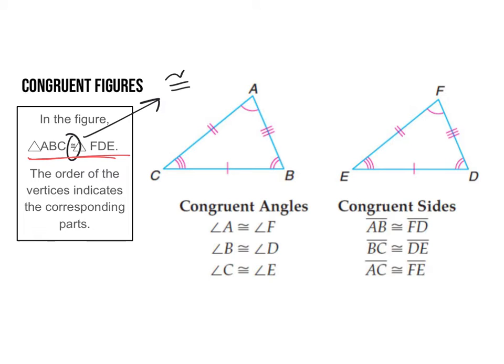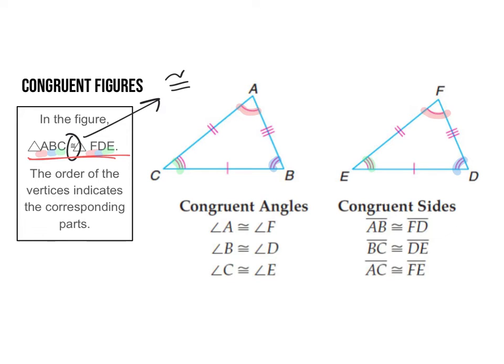So angle A is congruent to angle F, because if I look at my congruence statement, they're both first. B is congruent to D, because again, they're second in line. And then E is congruent to C because they're last in line. So the order that statement is written gives us congruent parts.